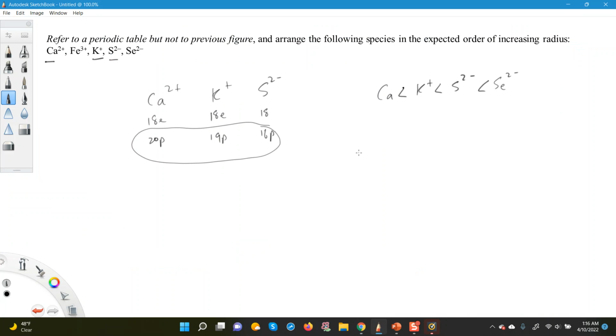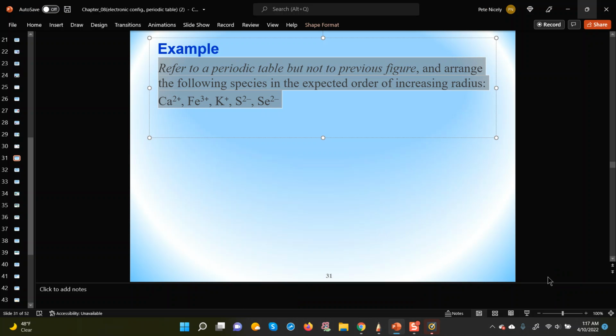So going back to here, I would put the Fe3 plus as smaller in terms of the size compared to calcium, right? So therefore, this would be the final answer to that question, all right? Okay, so the order would be Fe3 plus first, followed by calcium, followed by potassium, followed by sulfide, and then followed by the selenide.